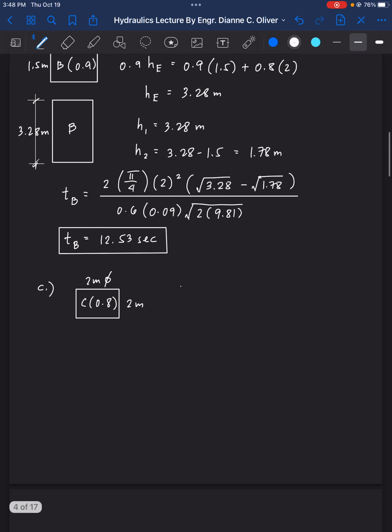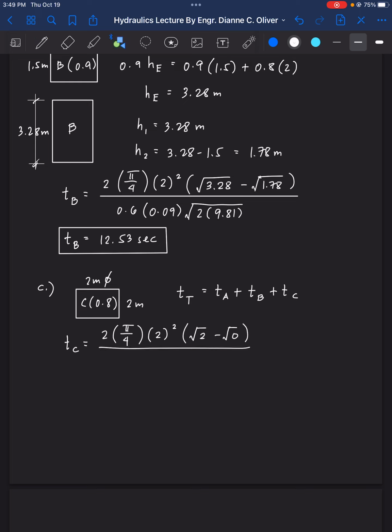Okay, so the total time to remove is equal to the time to remove A plus the time to remove B plus the time to remove C. So we're looking for the time to remove C. The time to remove liquid C is equal to 2 times the surface area of this container here, the water, squared, times the square root of the initial height, which is 2 meters, minus the final height, that will be 0 because it's already empty.